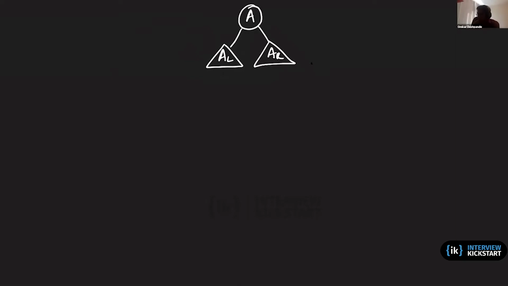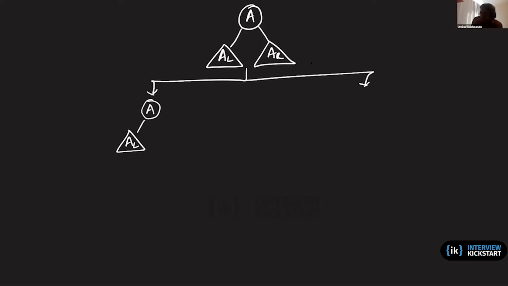So what I will assume is that either the right subtree became shorter or the left subtree became shorter. We don't know which one, but in general it could be either. So two cases, either A of L has a height of, so let's say the balance factor here is +2.